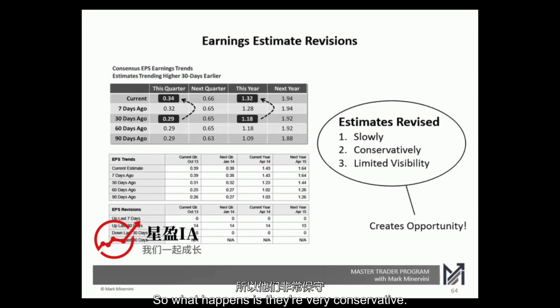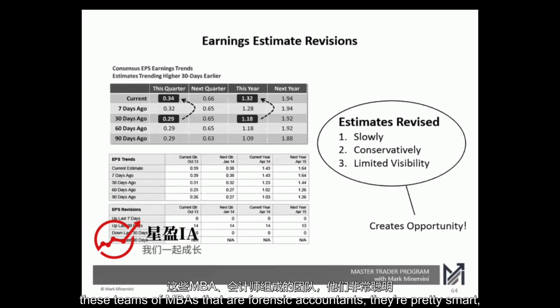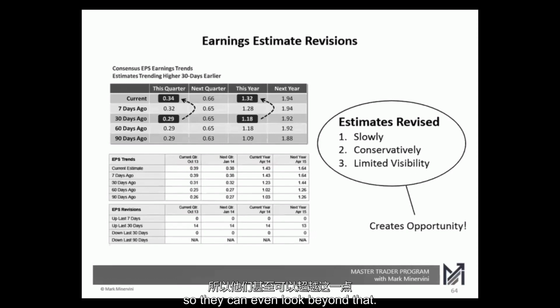So what happens is they're very conservative. So the companies can beat these estimates, but now that's also figured out too. There's the whisper number and all these things, where analysts are pretty smart, and these people at Fidelity and these big companies, these teams of MBAs and forensic accountants, they're pretty smart. So they can even look beyond that.